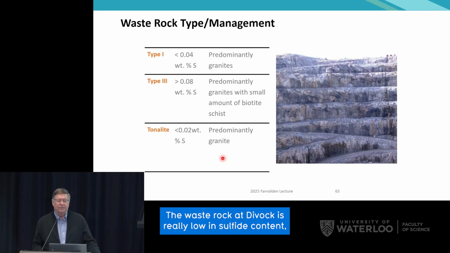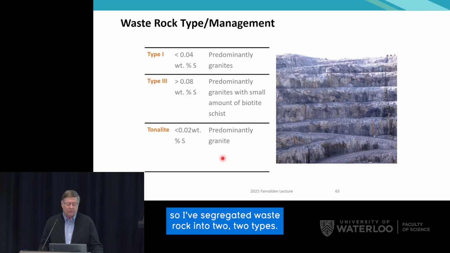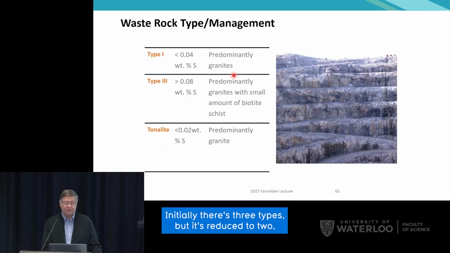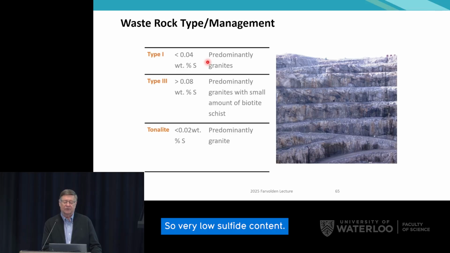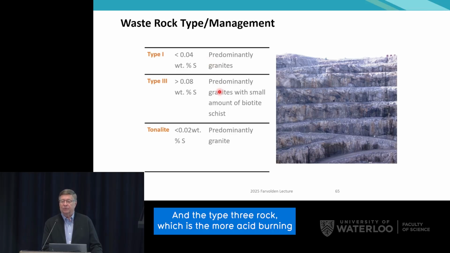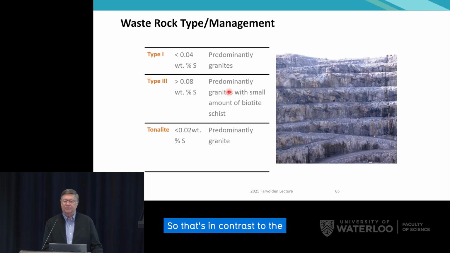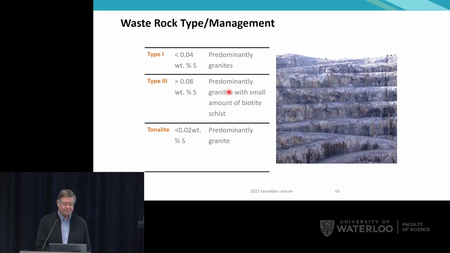The waste rock at Diavik is really low in sulfide content, so Diavik segregated its waste rock into two types. Initially there were 3 types, but it's reduced to 2. Type 1 has less than 0.04 weight percent sulfide, so very low sulfide content. And the type 3 rock, which is the more acid-generating rock, only has a sulfide content of 0.08 weight percent sulfide. That's in contrast to the much higher sulfide contents that we've seen almost everywhere else.